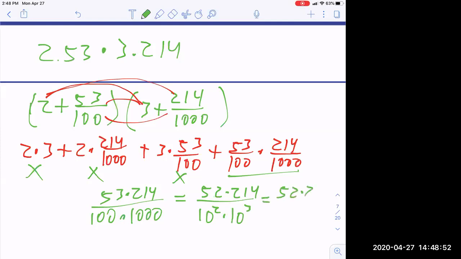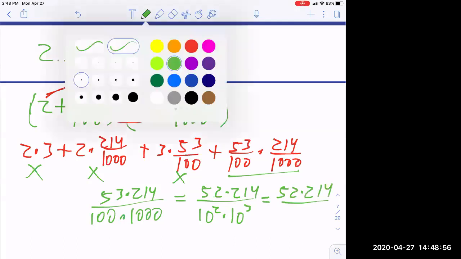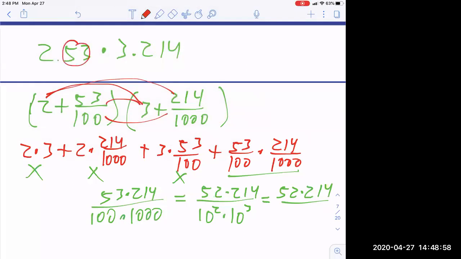So remember what the rule was? It said 2 decimal places here, 3 here. You got 2 plus 3 is 5 decimal places. Well, when you multiply those, you add the exponents.